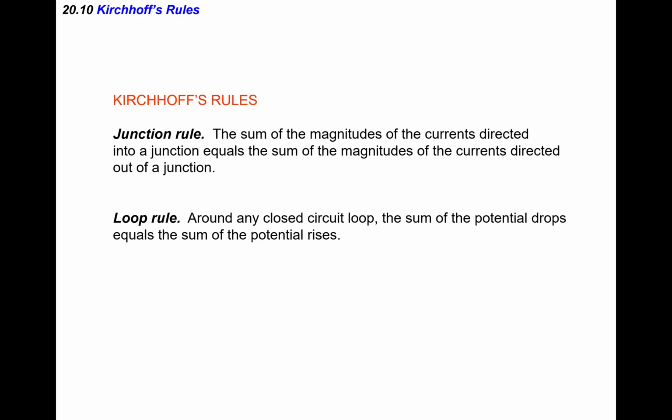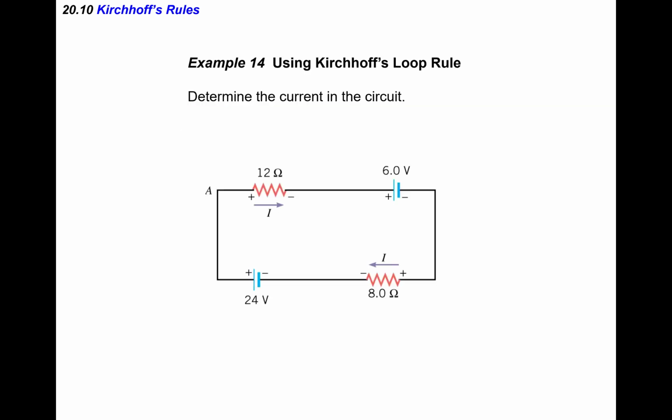So this is Kirchhoff's rule. Kirchhoff's rule is based on the conservation of energy, and you can use it to determine the current in the circuit. So how do we do this problem?